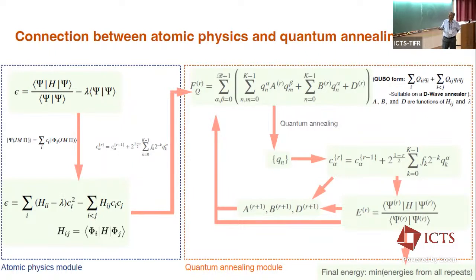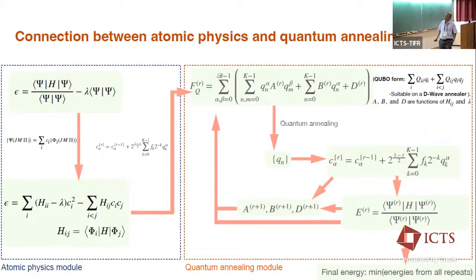So you get a form like this, and this is just a number. Now, in a quantum annealer, the energy functional F that is used has this form, a linear term in Qi plus a quadratic term in QiQj. So the D-Wave is based on this structure. The energy functional has to be in this form, and this is satisfied by that. So you can see there's a quadratic term and a linear term, and just a number.